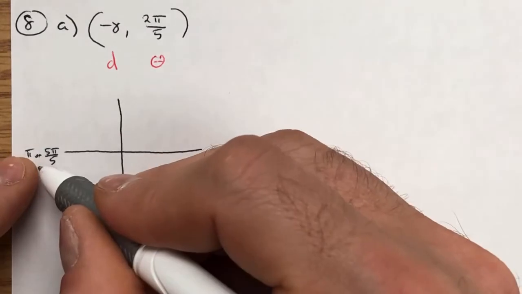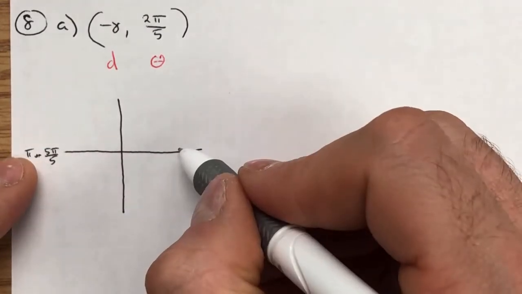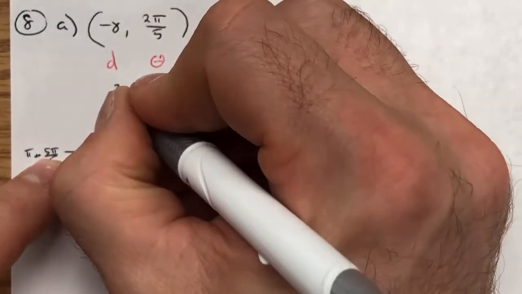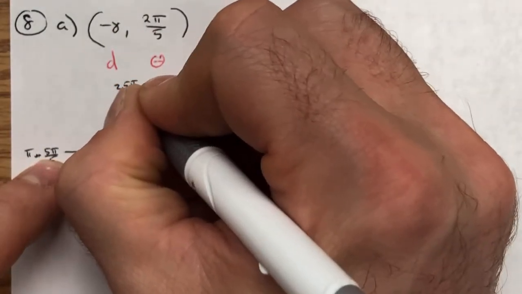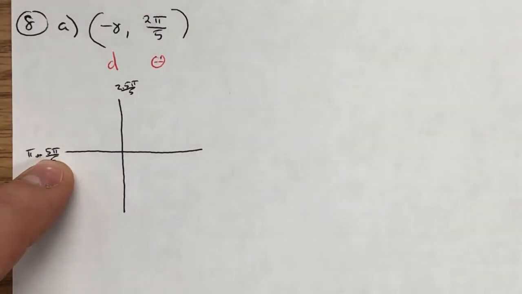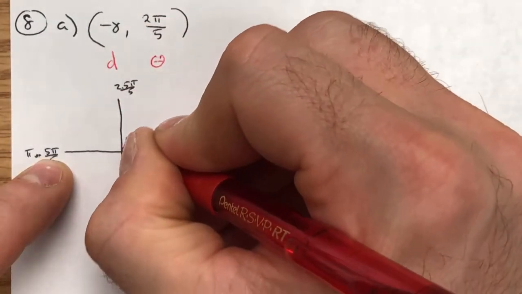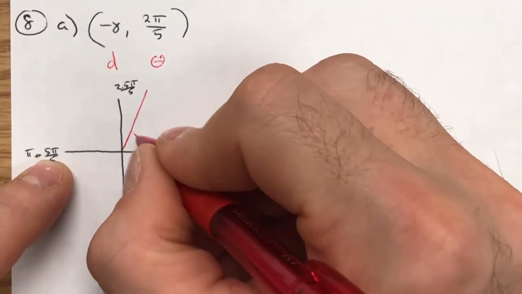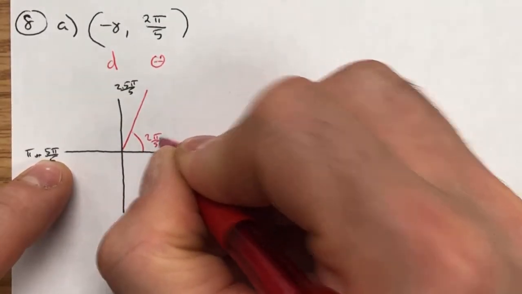So I'm not quite at 5 pi over 5, I'm at 2 pi over 5. I know that this is half of that, so this would be 2.5 pi over 5. So I'm actually somewhere right here. So this unit right here is 2 pi over 5.